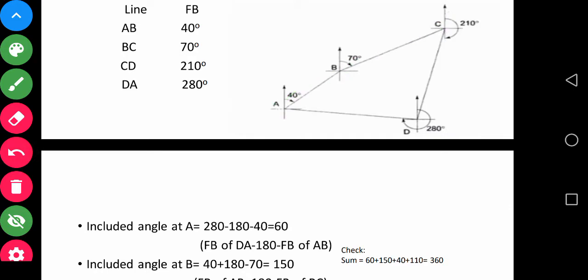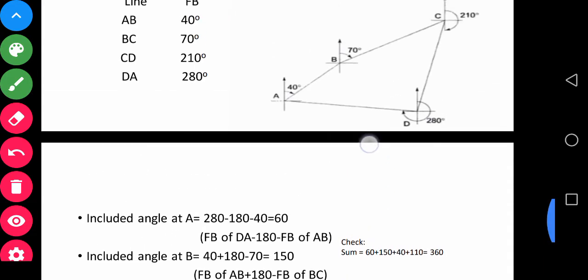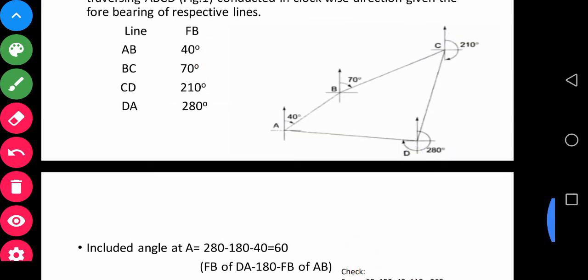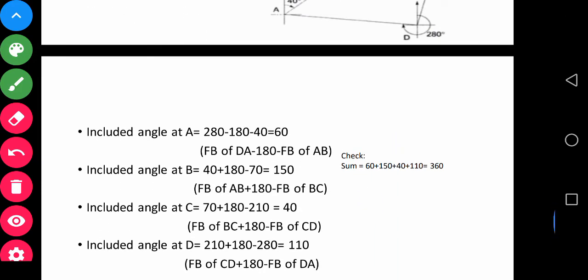So the forebearing of AB, which is 40, minus the forebearing of the next line BC, which is 70. So 40 minus 70 is less than 180, so we add 180 to find the included angle at B. So 40 minus 70 plus 180 is 150 degrees.